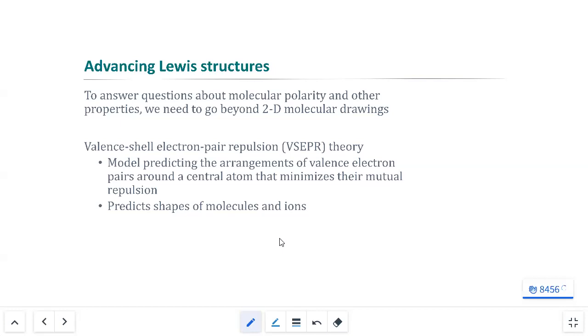And the net result of that theory are shapes. There are going to be some set shapes that come out of this theory that help us to predict how a molecule is going to look in three-dimensional space, how an ion is going to look in three-dimensional space. And with that in play, we're going to be able to do more to talk about some of those other questions.